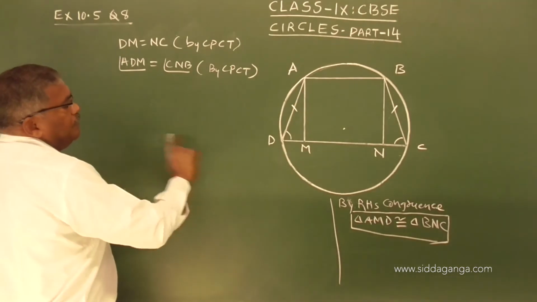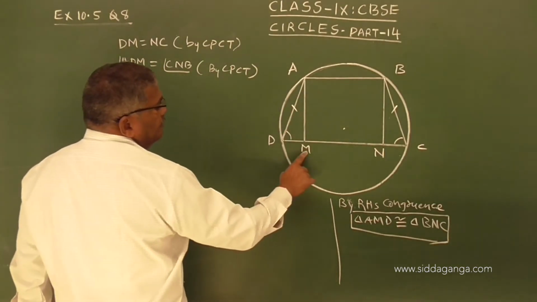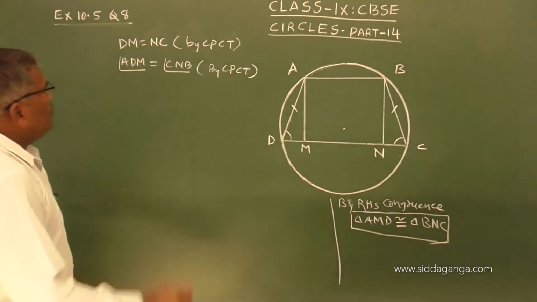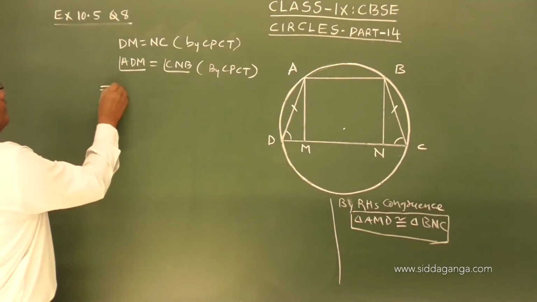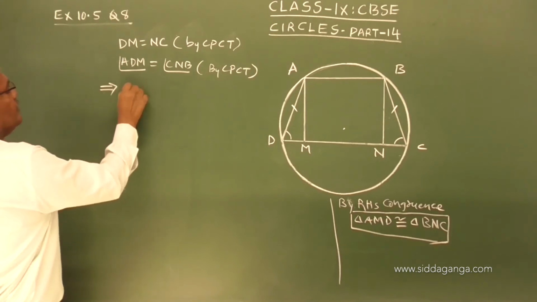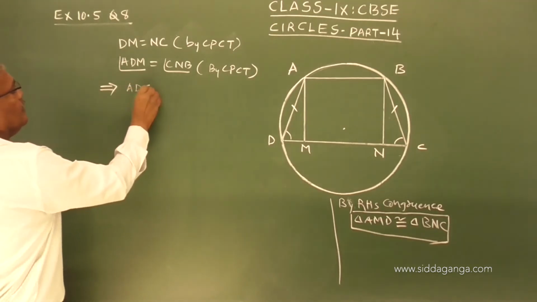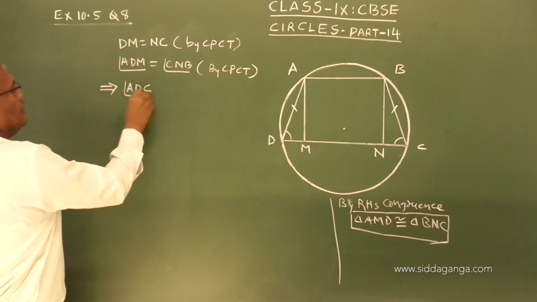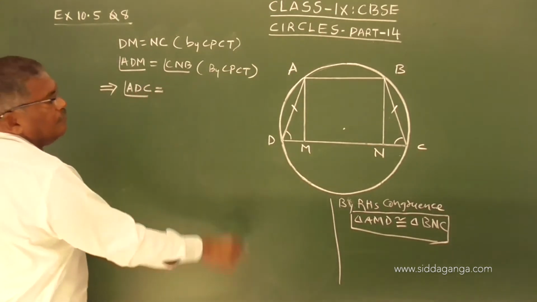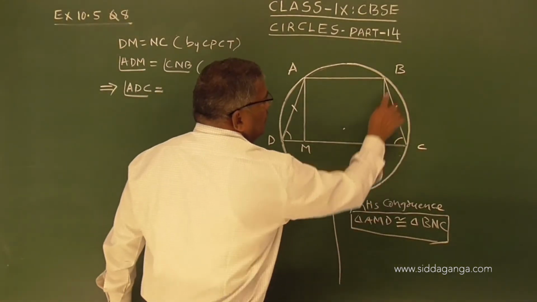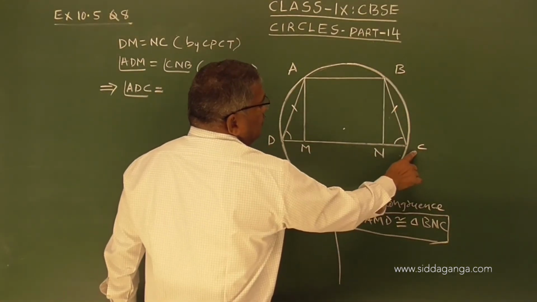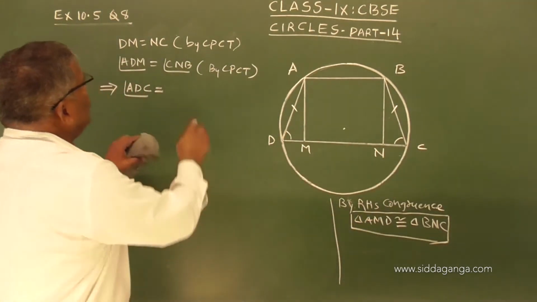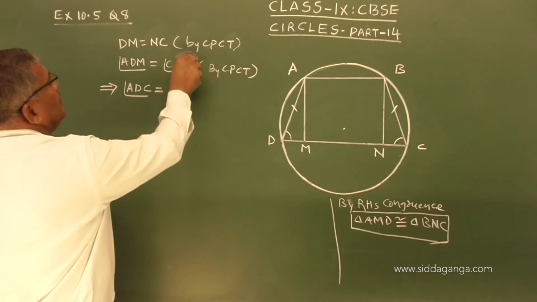Now, you observe here ADM is same as ADC. So, this implies ADM is nothing but ADC, and also BCN, sorry, this is BCN.